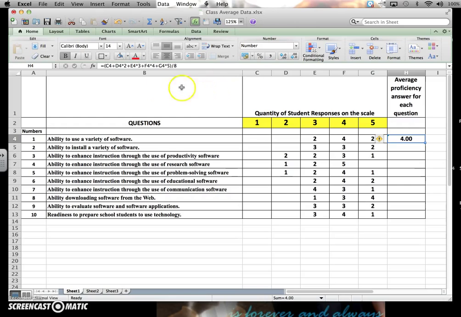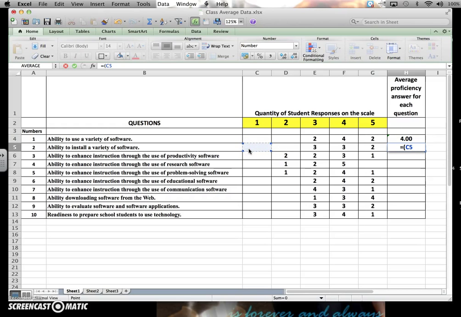So I started with parentheses, and the first cell I need to include for this was C4. So I'll do this for the second row. So I place enter from my keyboard, and the first cell I need to include after my parenthesis is C5.